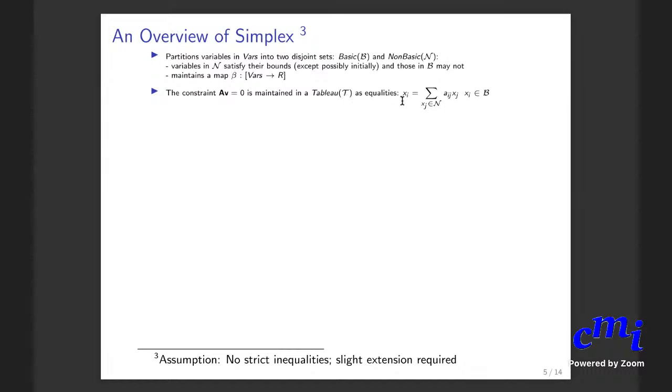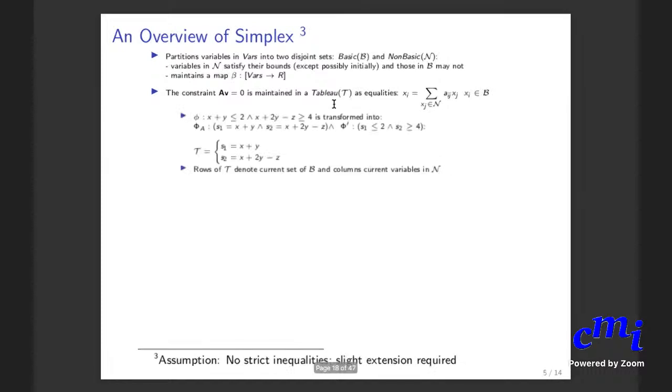tableau, with one equation that equates a basic variable as a linear expression over the variables in the non-basic set. Okay, so the tableau, for example, in this example that we saw earlier, after the original formula is transformed into a set of equalities with the newly introduced variables and these constraints.